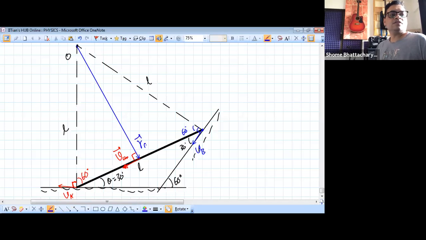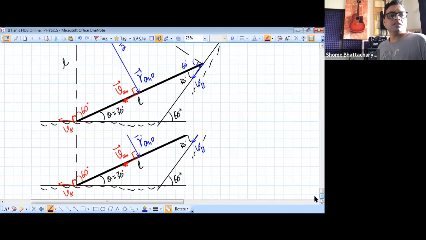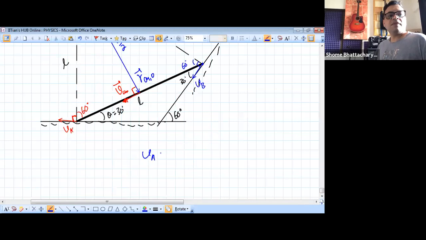So r of center of mass with respect to the instantaneous axis will have a magnitude of root 3 by 2 L. If the angular velocity of the system about the instantaneous axis is omega, then VA will have the same magnitude as VB, which will be equal to L omega, and VCM will be root 3 by 2 L omega. So this is the more important equation for us.